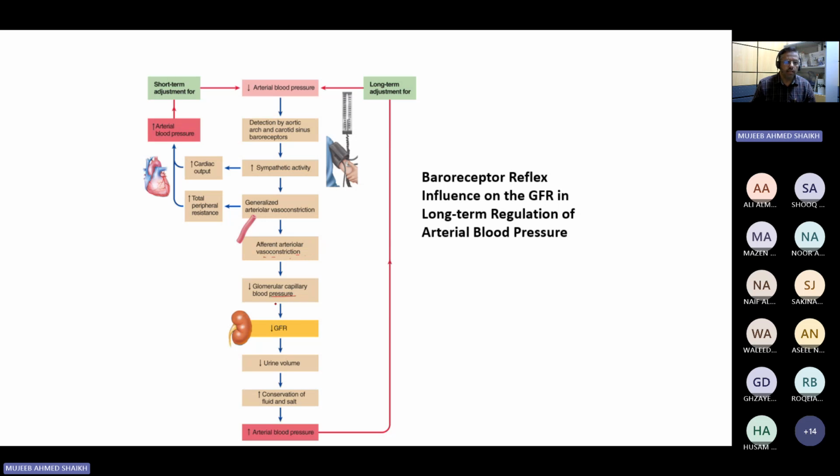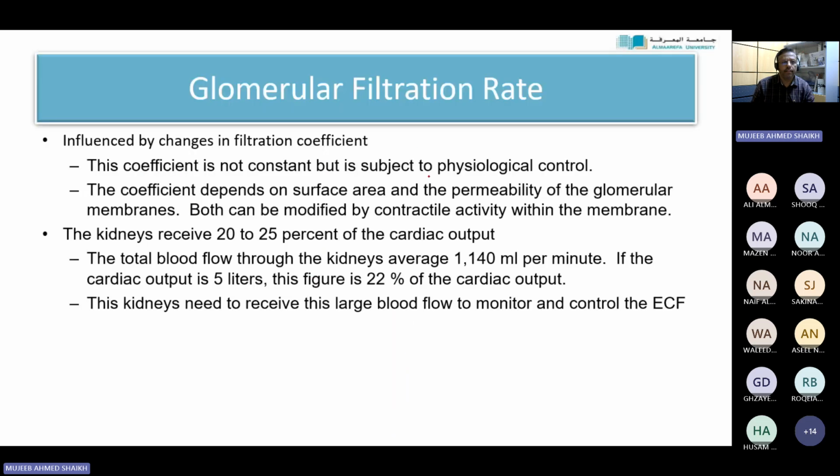GFR will decrease, the pressure will decrease, leading to decrease in the GFR, and there will be decreased urine volume. When blood pressure increases, this is compensated by decreased urine volume and conservation of fluid and electrolytes, and the arterial pressure will come back to normal. This is known as the long-term mechanism occurring through the kidney.